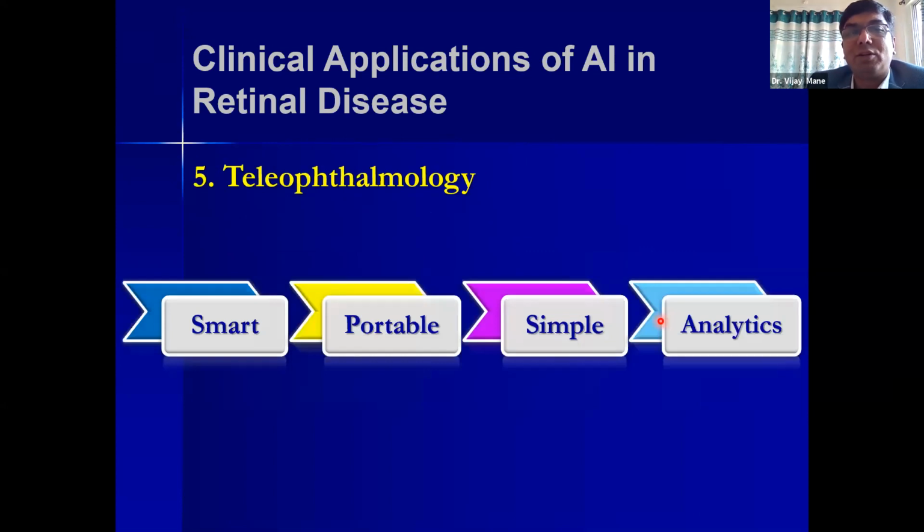So what is needed in current teleophthalmology is that it should be smart enough, so you can use the images in a smart way to access, process, send, and store them in the cloud, or use cloud processing over here. It should be portable and simple, and all the data received, from the patient data to the data related to the eye, should be properly analyzed using data analytics tools.